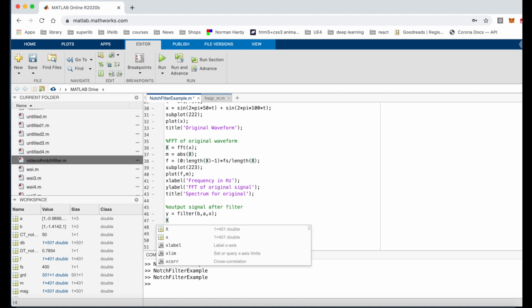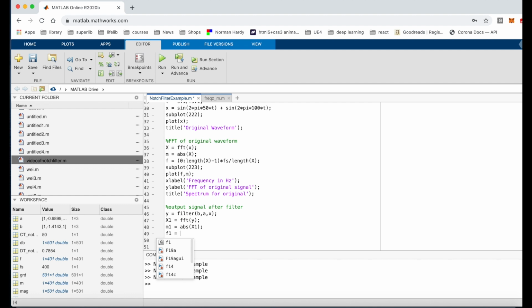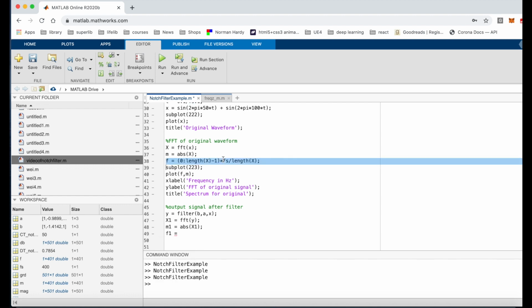For the output signal, we could check the spectrum to take a look if the 50 Hz has already been filtered. We could define x1 equal FFT of y, and m1 is the absolute value of x1. It's similar, the frequency vector will be from 0 to length of x1, so they are all similar.